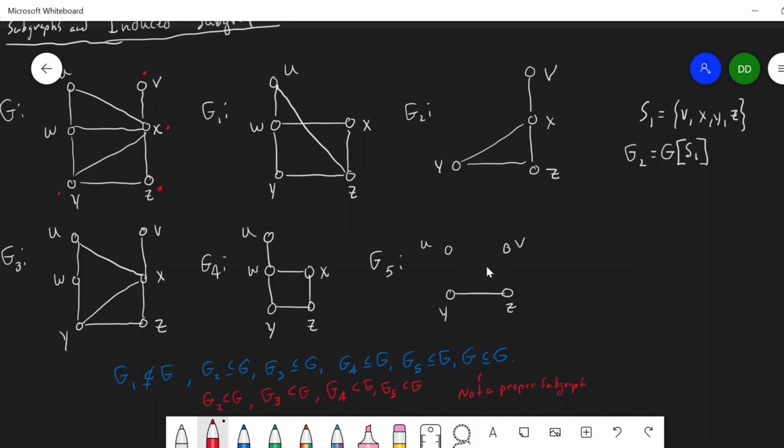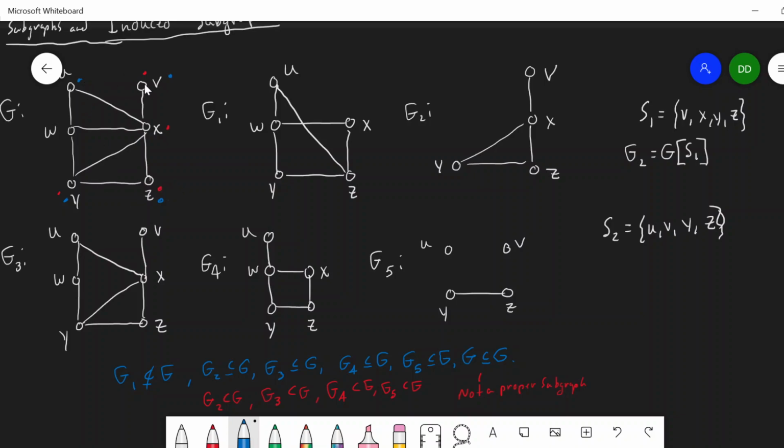Surprisingly, G5 is also an induced subgraph of G. So again, I'll pluck out the vertices here, U, V, Y, and Z, and I'll go up to G and look at U, V, Y, and Z. I'll take those vertices, and I'll only keep an edge if there's an edge between some pair of those vertices.